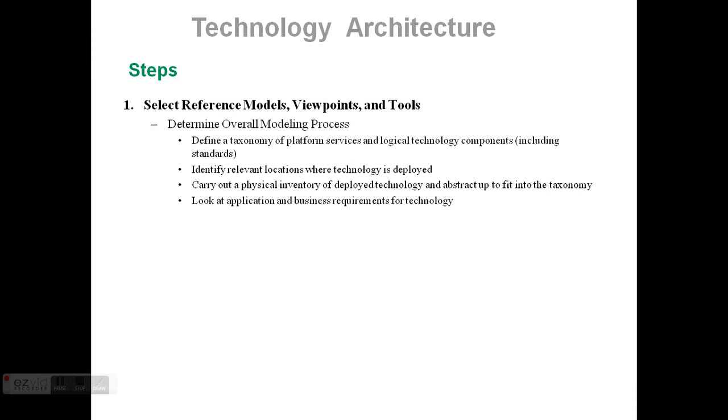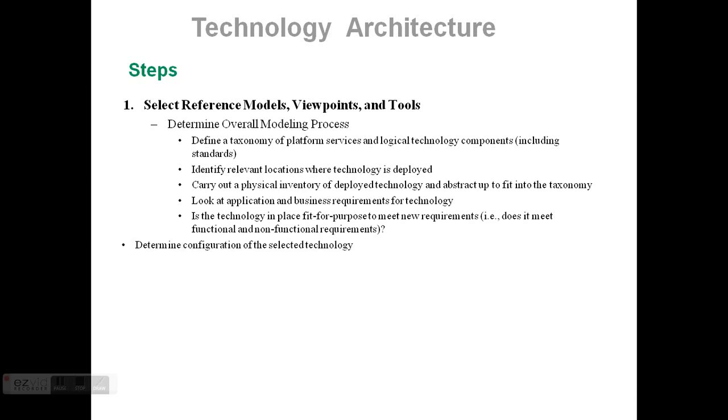We look at application and business requirements for technology. We need to answer the question: is the technology in place fit for purpose to meet the new requirements? For that, we need to determine the configuration of selected technologies.